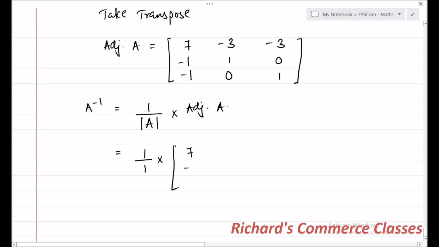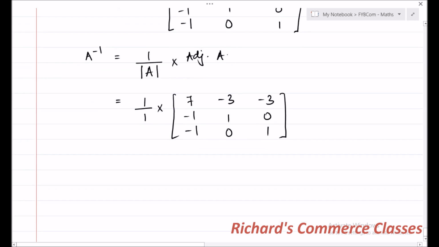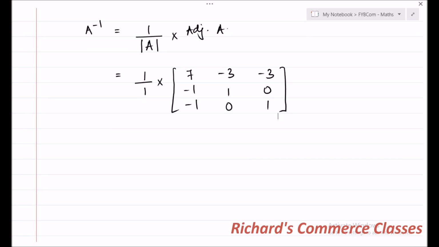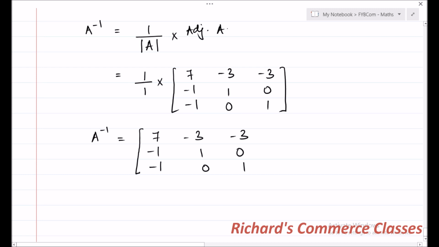That is 7, minus 1, minus 1, minus 3, 1, 0, minus 3, 0, 1. And 1 upon 1 is nothing but 1. So your final answer, the inverse of matrix A, is nothing but the same matrix: 7, minus 3, minus 3, minus 1, 1, 0, and minus 1, 0, 1. This is what you do to calculate the inverse of a matrix.